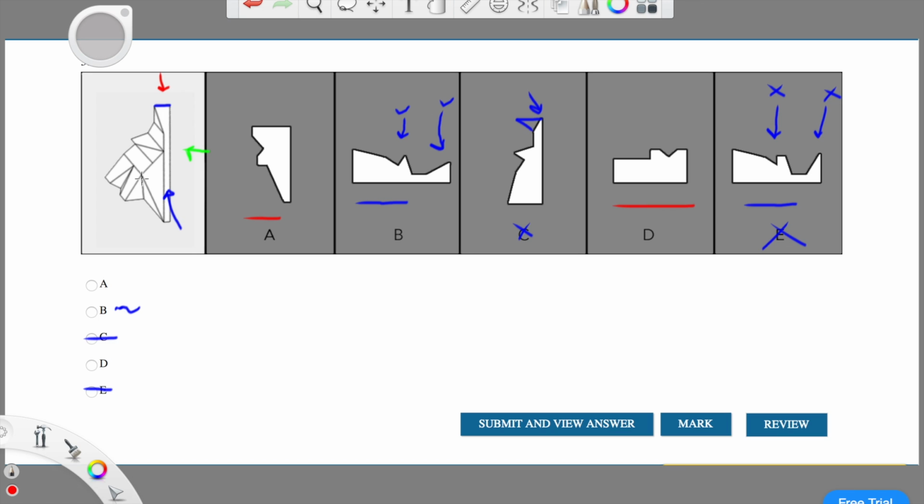If we were to trace the actual object's left side orientation, we can see it has a slant. If you look at choice D, it is missing the slant. Therefore, choice D is incorrect. Now we're left with choice A and B. If I were to compare the peak height of the divots, we would see that in choice A, the outer height of the divot is taller than the inner height.